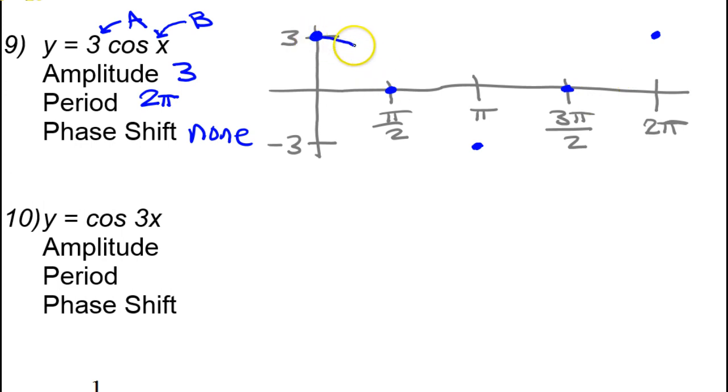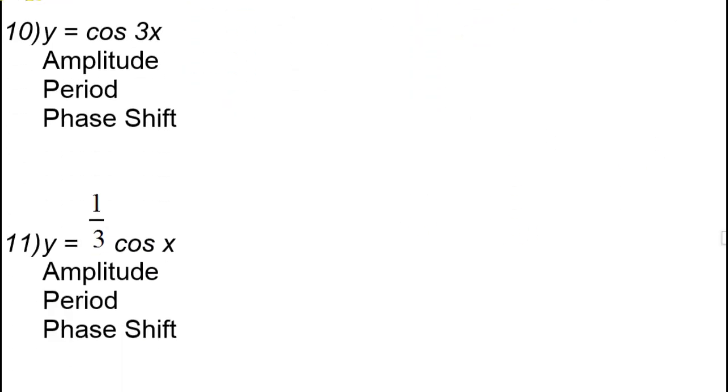So this is what this cosine function should look like. All right, there's one period of this cosine function. All right, let's go ahead and do problem number 10.